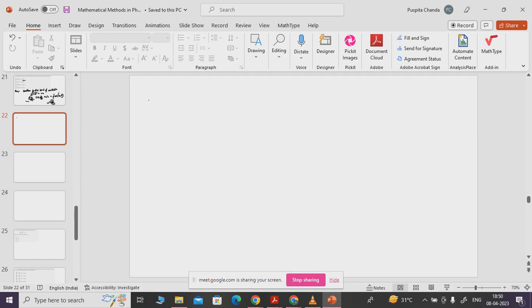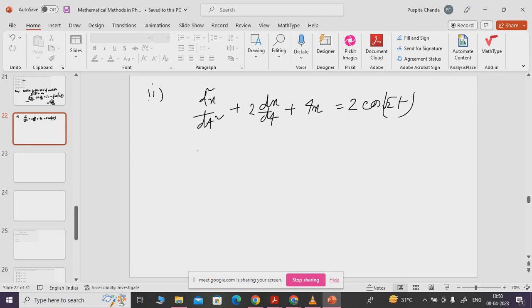So the first equation is d2x/dt square plus 2 dx/dt plus 4x is equal to 2 cos root 2t. We compare: 2b is equal to 2, omega square is equal to 4, and omega naught is equal to root 2.